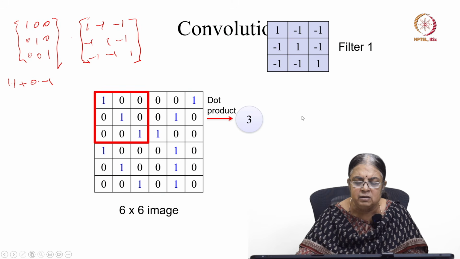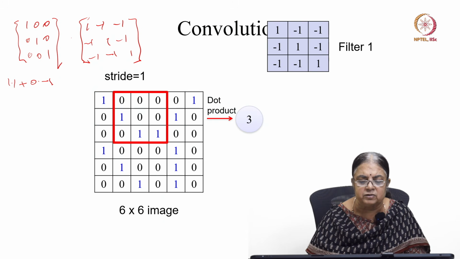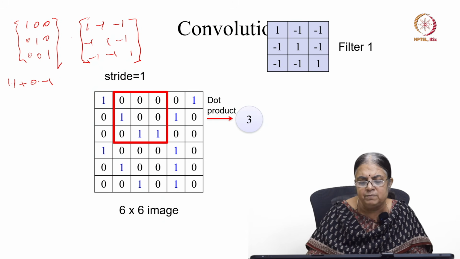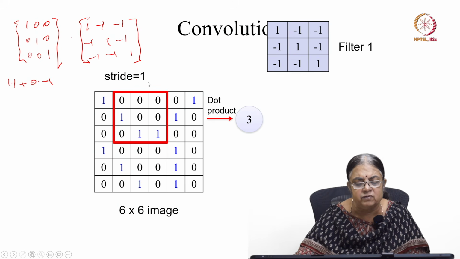And similarly, as you move this to the right, if this is 6 by 6, you are going to get a 4 by 4 image over here. If you move it one place to the right, it is known as having a stride of 1.